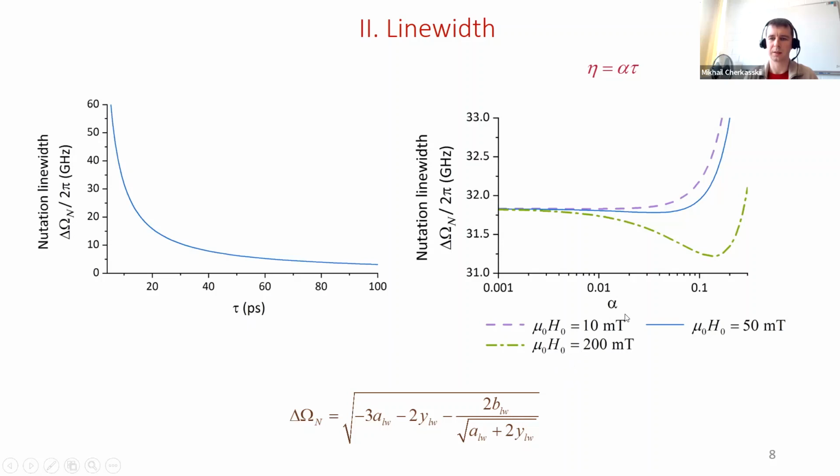And then if we employ this relation between inertia parameter and Gilbert damping, we found that for a specific Gilbert damping, there is a minimum in the dependence of nutation line width on Gilbert damping for a specific magnetic field. So this is one way one can detect or prove this relation between inertia and Gilbert damping, which was proposed in the framework of the breathing Fermi surface model.